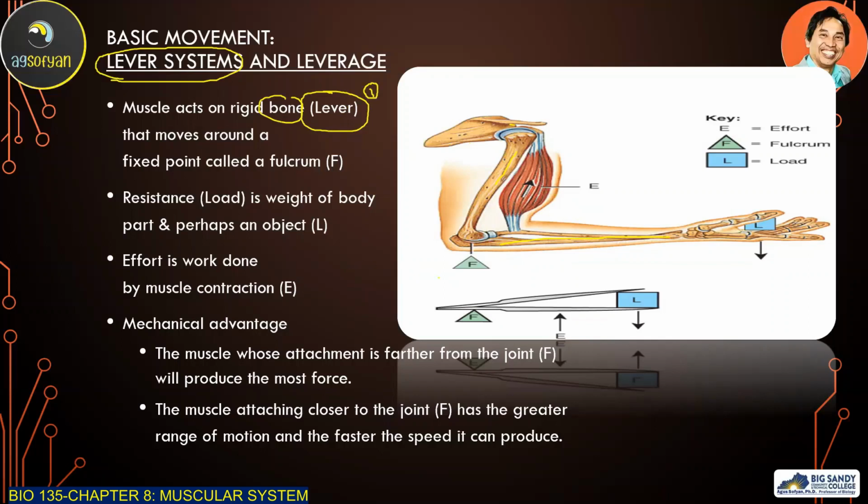And the fixed point, usually the joint, is called the fulcrum. This is the second part of the lever system, the fulcrum. The next part is called the load, which is the resistance or the weight that is present in our body.